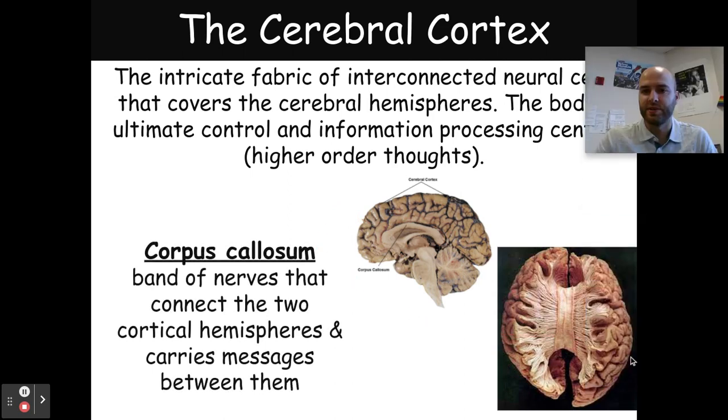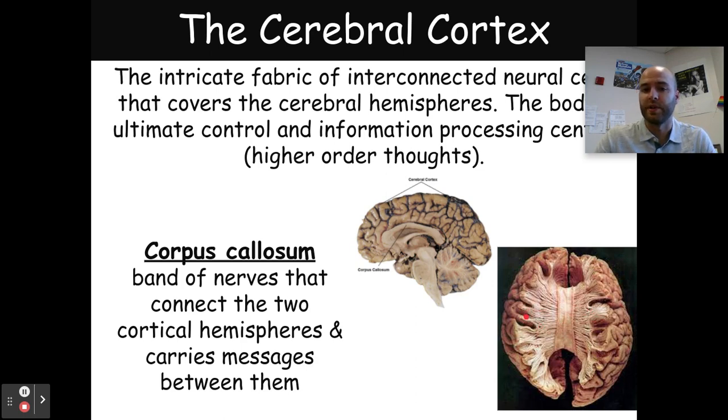One thing that connects the two sides of the cerebral cortex and divides the brain into hemispheres is something called the corpus callosum. It's a band of nerves, you can see it here on a brain that's been pulled apart, that connect the two cortical hemispheres and carries messages between them.